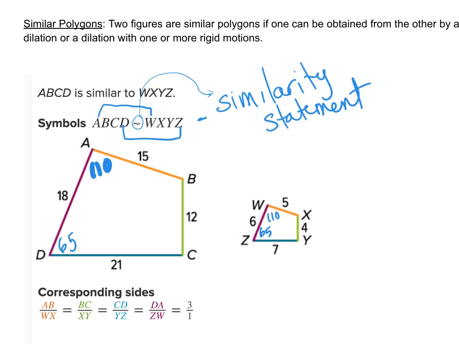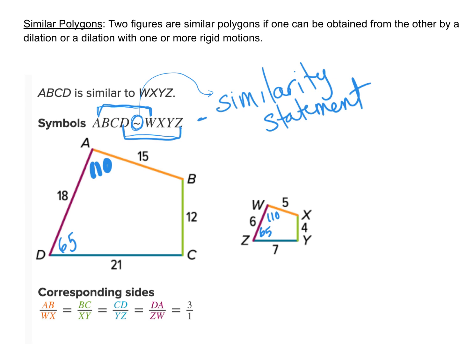Okay. And the similarity statement tells me which angles are congruent to which. And I said initially that A and W were congruent because they're both listed first. Okay, so A must be congruent to W if my little symbol here tells me that the two figures are similar. I also said that D and Z were congruent.